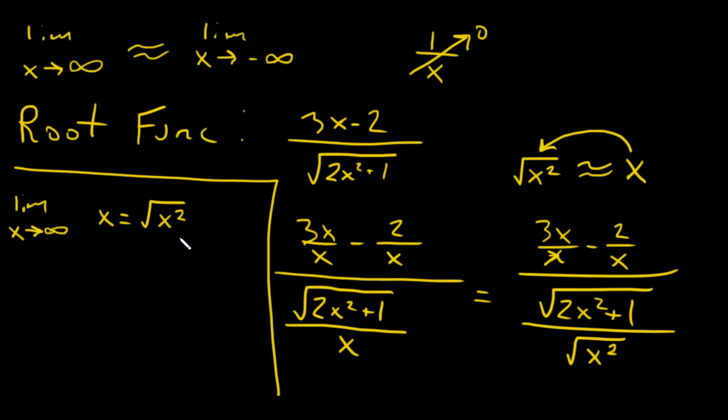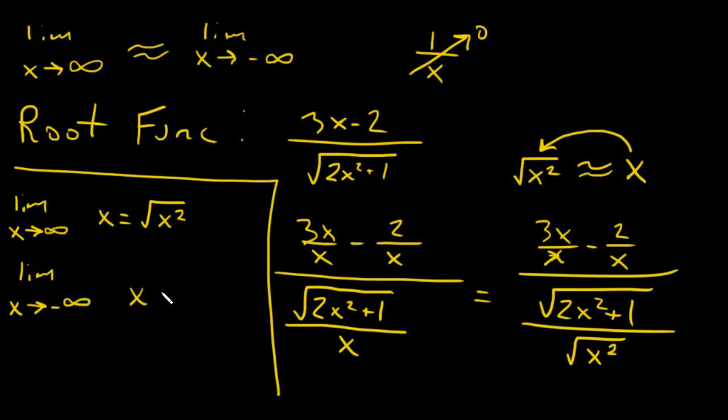Everything's fine. That works 100% because my x values need to be approaching positive infinity, so it's a positive number, and I'm going to get a positive number if I square a value and then take the root of it. The problem kicks in when I look at the limit as x approaches negative infinity.